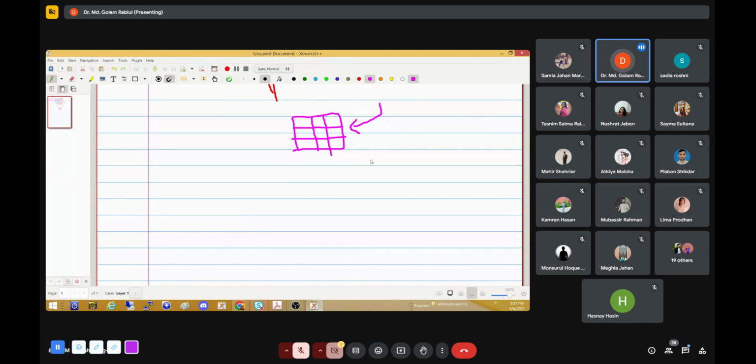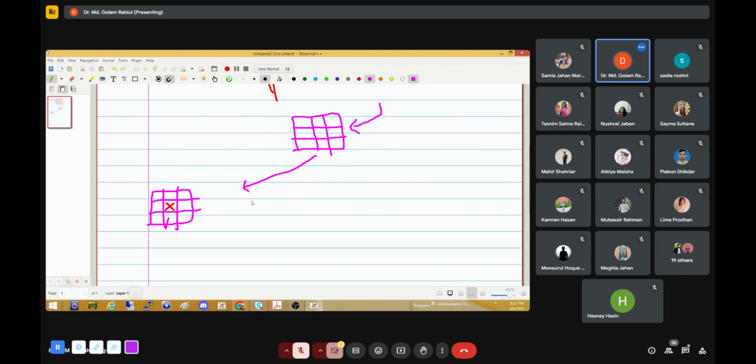Then we have to consider that there are several options from here. Like someone can think about the first movement for X, where he or she can place the X at this position. So this is another state.